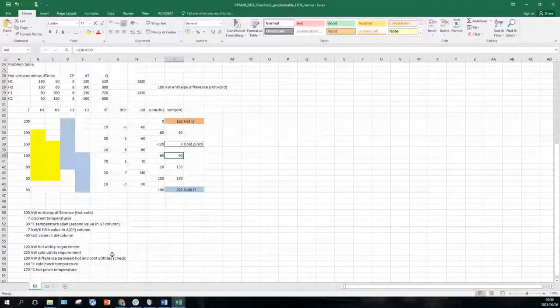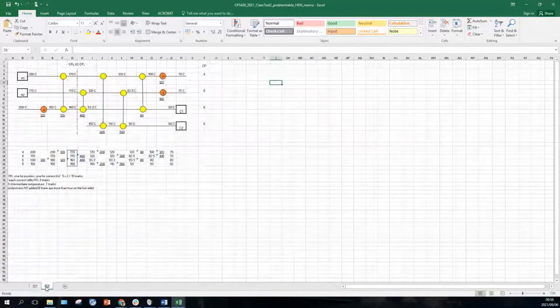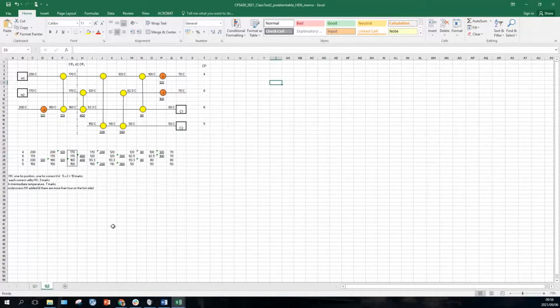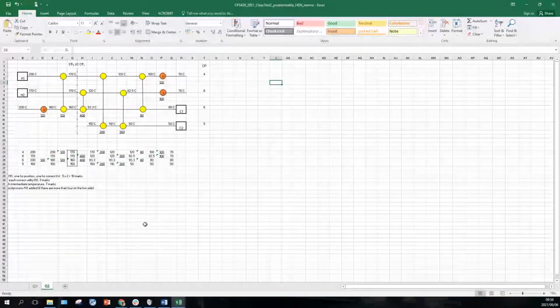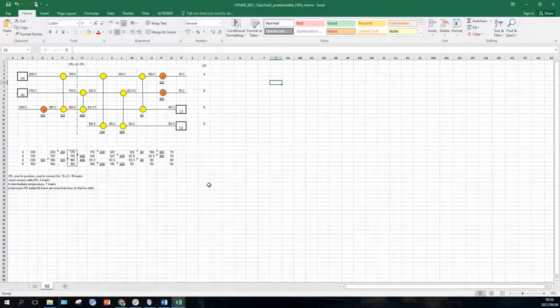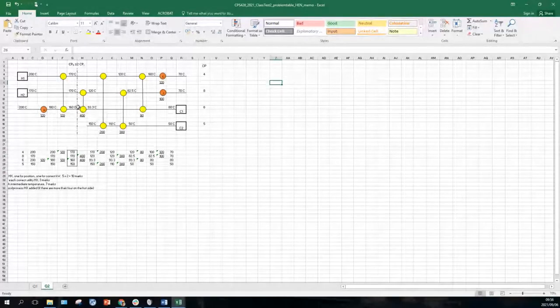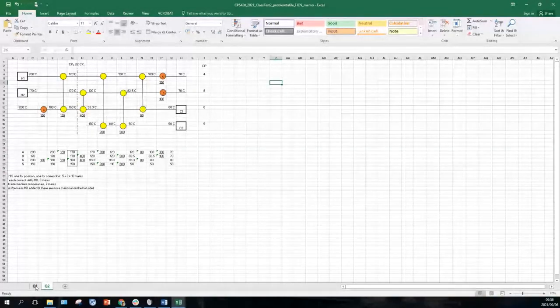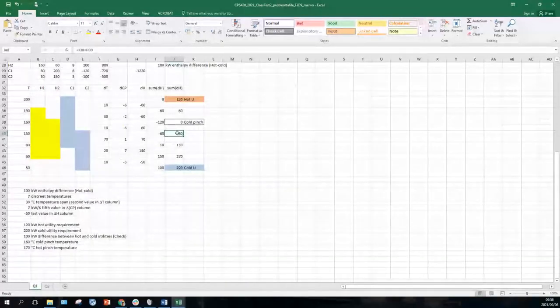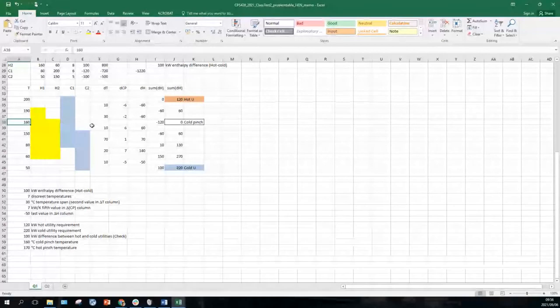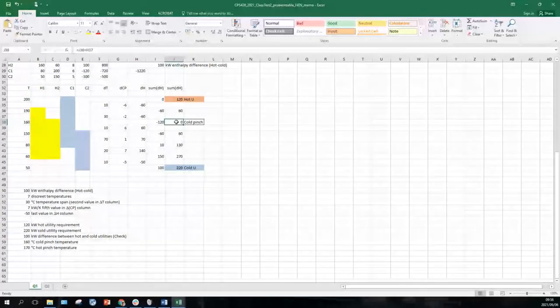Right, so now we get to the more difficult part of the lecture, and that is designing a heat exchange network. All right. So we know that the cold pinch is at 160, and because delta T min is 10 degrees C, the hot pinch is at 170 degrees C. So there's the cold pinch, and we know how much is hot utility and how much cold utility.